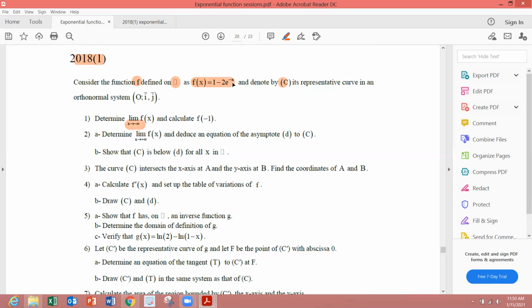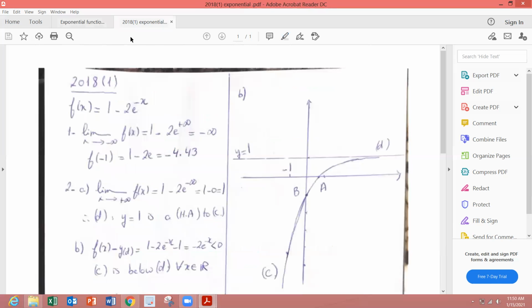And how much is the limit at minus infinity of this function? Minus infinity. Why minus infinity? Limit as x tends to minus infinity of f of x equals 1 minus, we replace x by minus infinity, it becomes plus infinity.